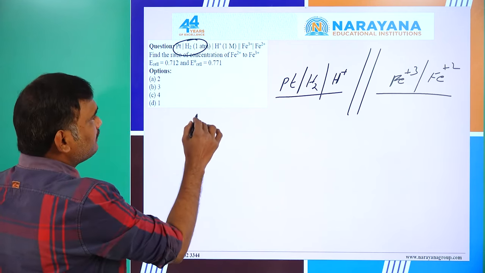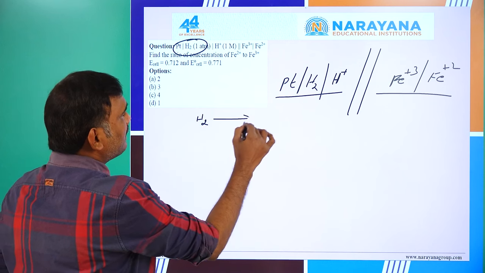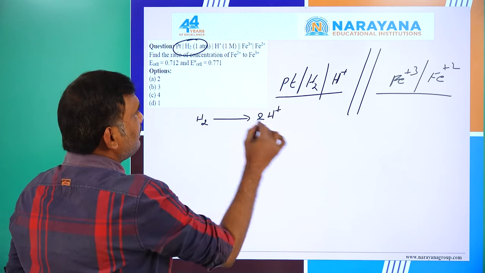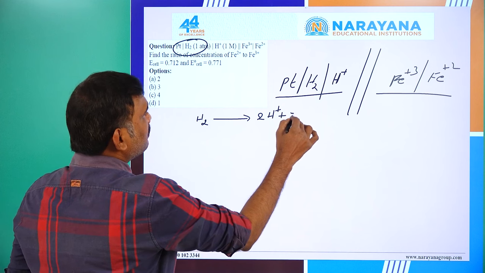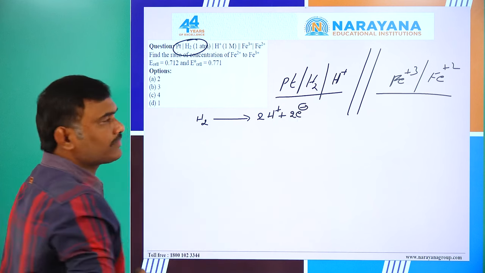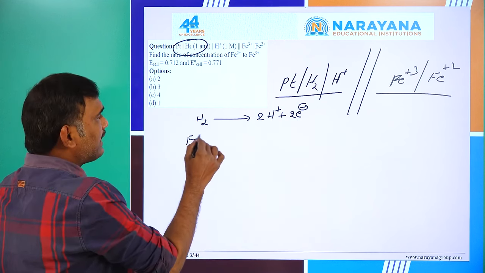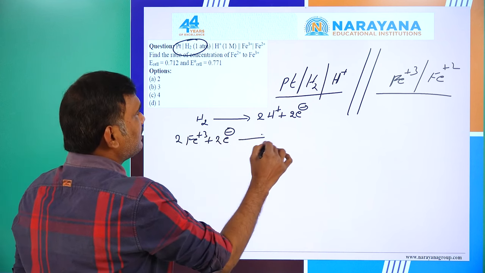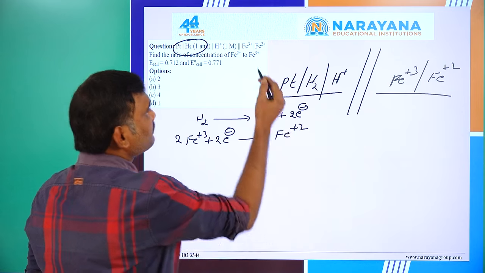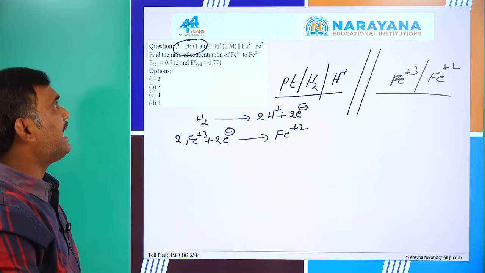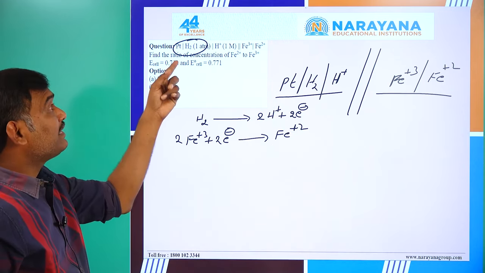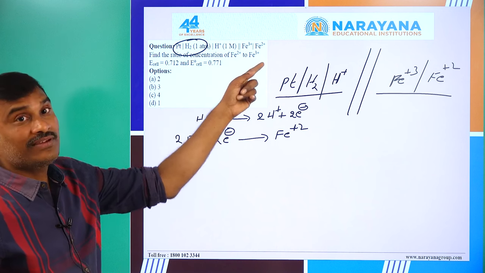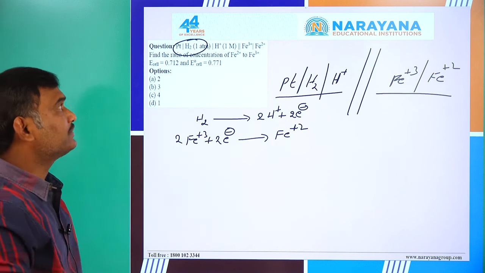According to that, hydrogen becomes 2H plus by releasing 2 electrons. Now Fe +3 takes 2 electrons and becomes Fe +2. This is the reduction taking place on the right hand side electrode. The question is to find the ratio of concentration of Fe +2 to Fe +3.